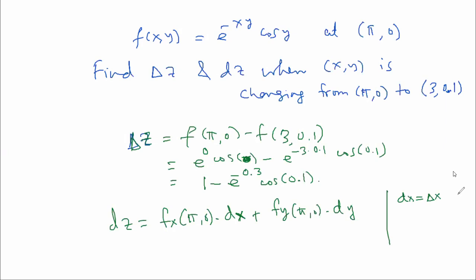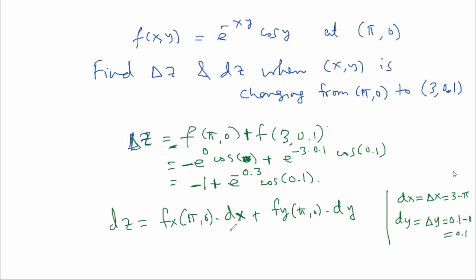So it will be 3 minus pi. Oh, sorry, I have to do it the other way. This is the final value, this is the initial value. Now what is dy? dy is delta y, the increment in y, which is 0.1 minus 0, which is 0.1.